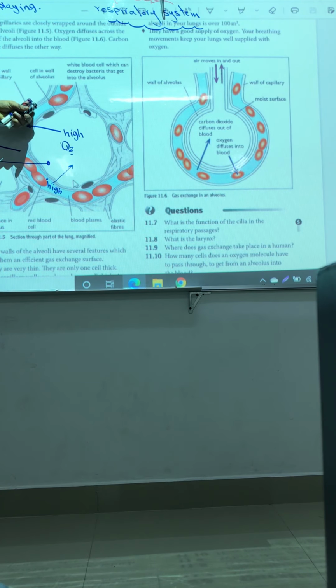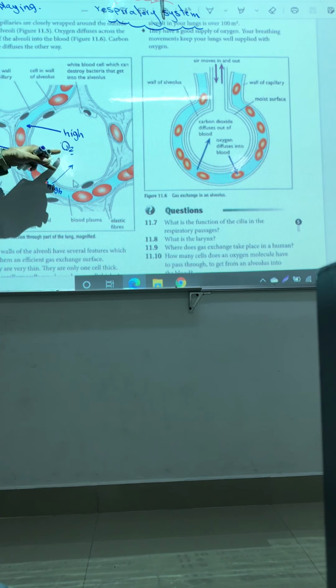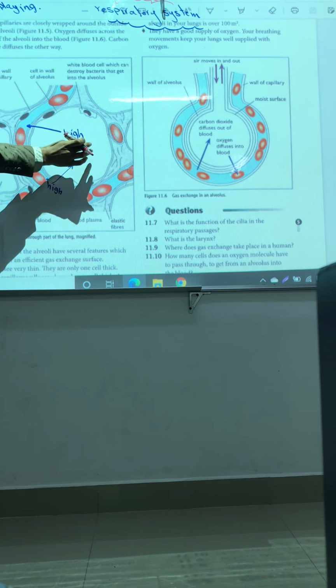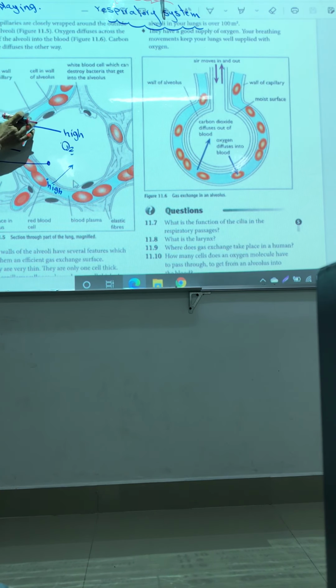Inside the pulmonary artery, there is a high concentration of carbon dioxide, which comes from all parts of the body. Gas exchange occurs between them: O2 diffuses from the alveoli to the pulmonary artery, and in the opposite direction CO2 goes from the pulmonary artery to the alveoli.